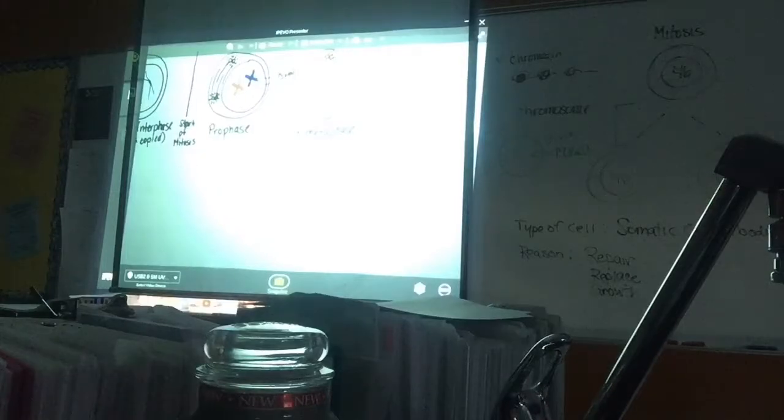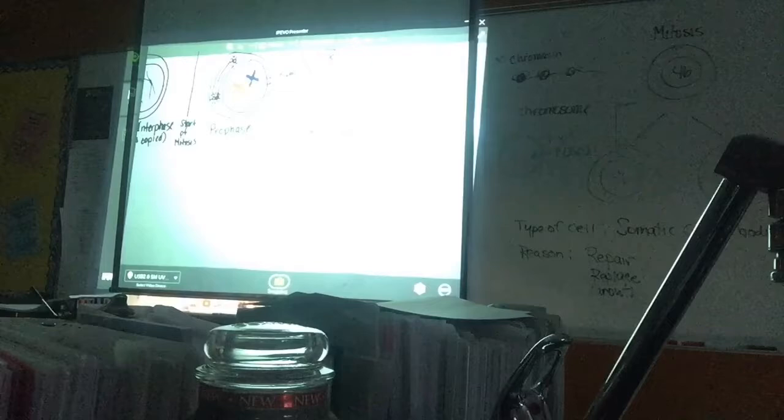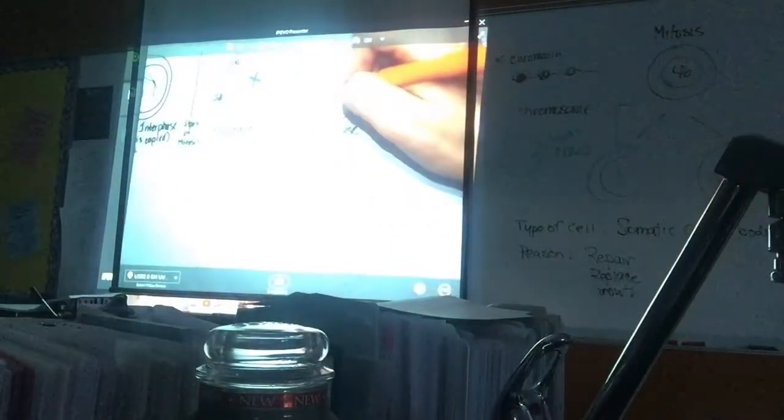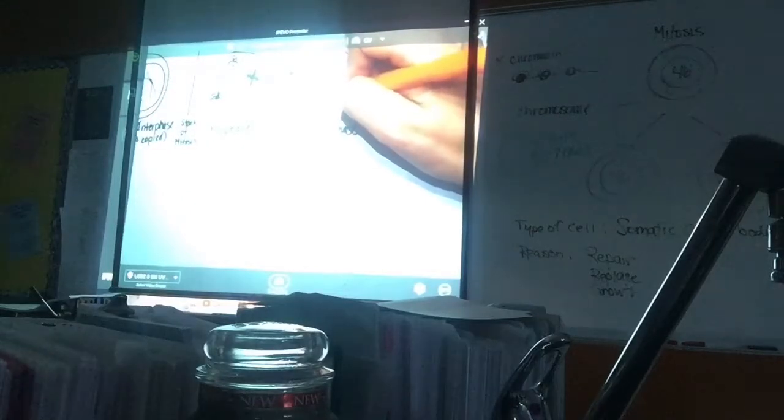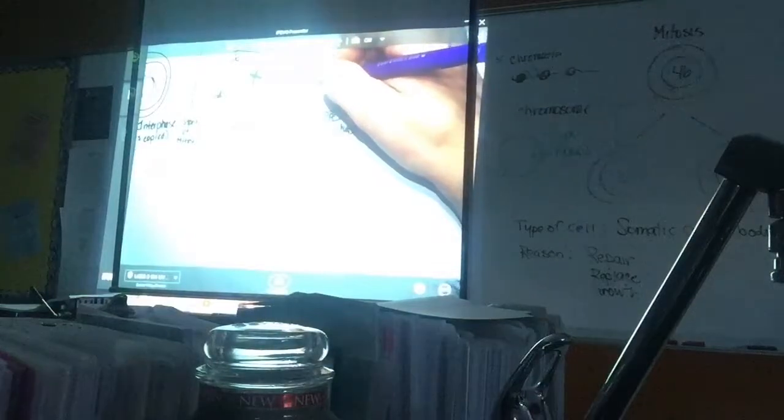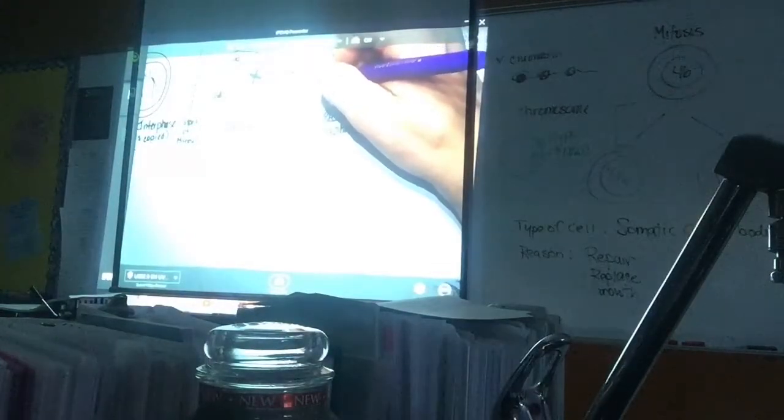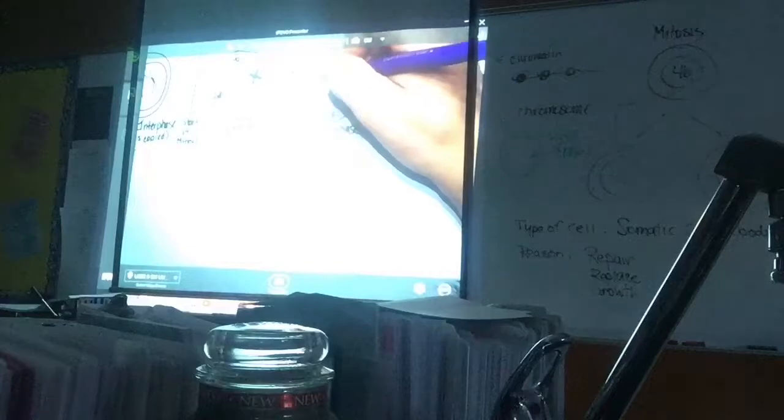The chromosomes are going to start to move towards the middle of the cell. Metaphase, the next phase, means middle, but they're not quite there yet. So let's say here is my orange one, moving towards the middle, not quite at the middle, and same thing with the purple, moving towards but not quite at the middle.